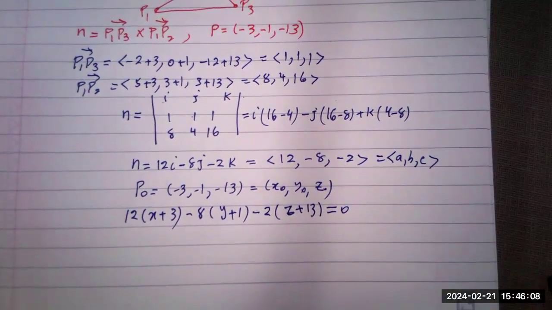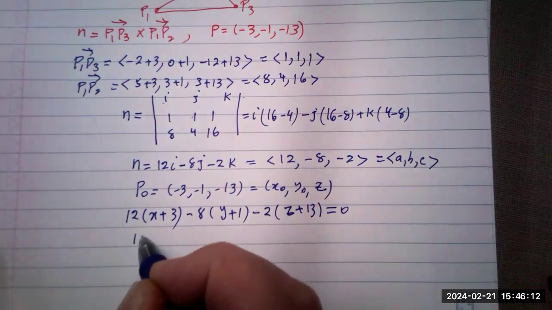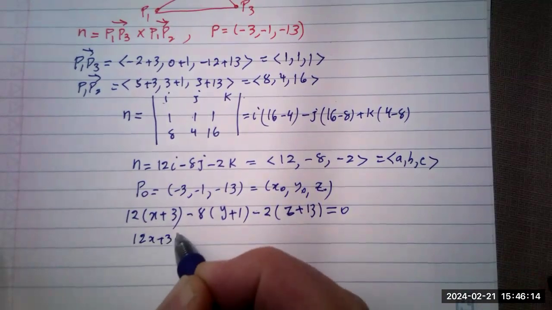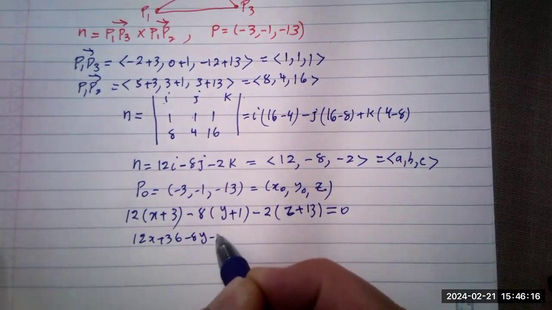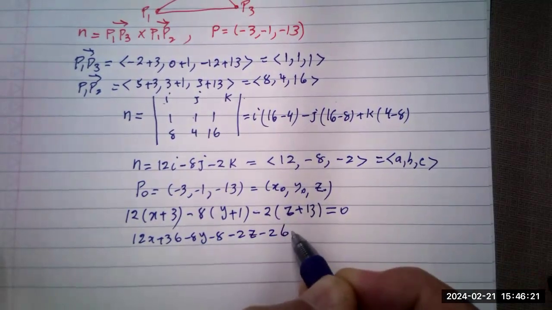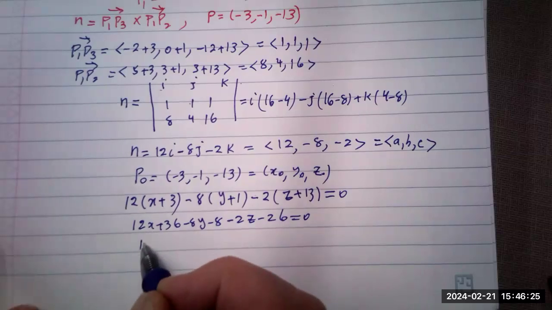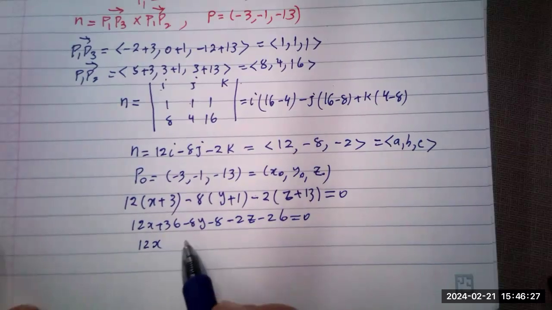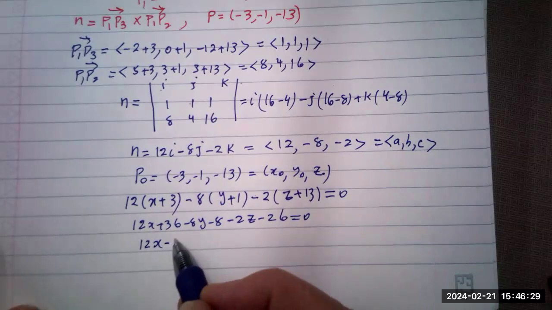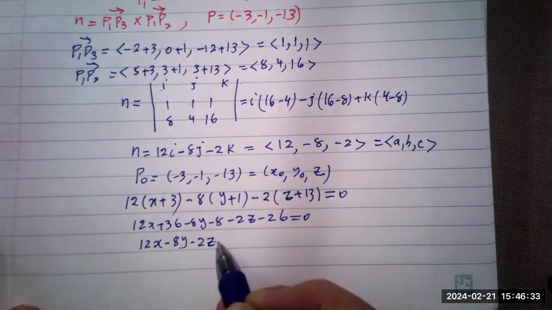Again, you're not done. You have to simplify it. So it's going to be 12x plus 36 minus 8y minus 8 minus 2z minus 26 equal to this. So this is it: 12x minus 8y and minus 2z.